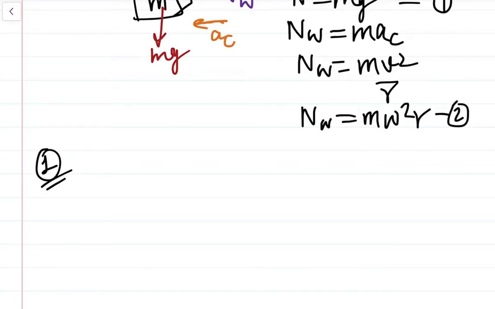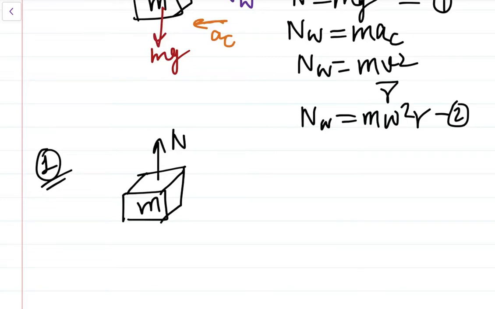Now when we draw the FBD here, you will get the same normal from the ground, and mg acting on the floor, and here the normal Nw from the wall will act. But now what will I write?